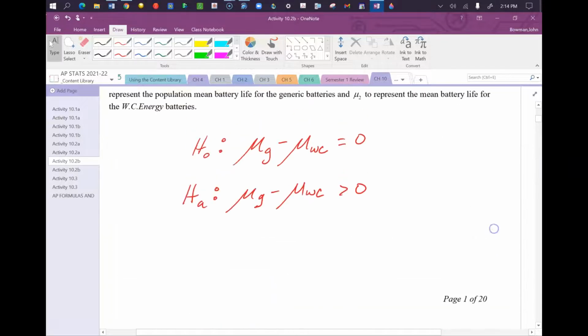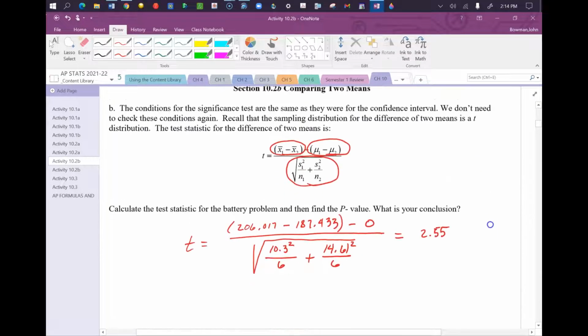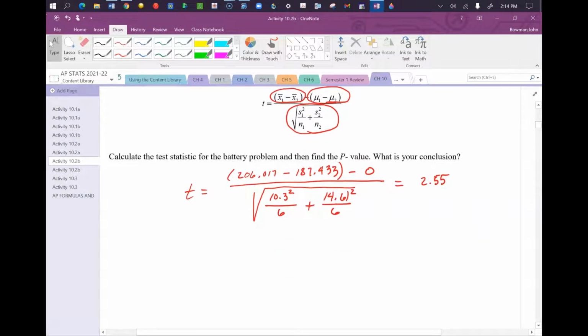If you had reversed the alternative hypothesis, instead of saying mu g minus mu WC is greater than 0, you could have said mu WC minus mu g is less than 0, effectively meaning the same thing. When you calculate your test statistic, you would have gotten a negative 2.55, but in the end, you still would get the same p-value.